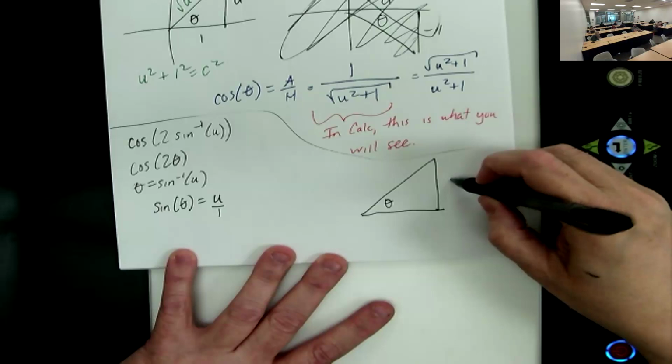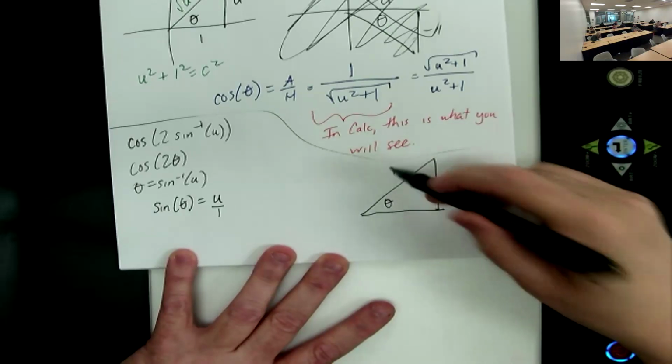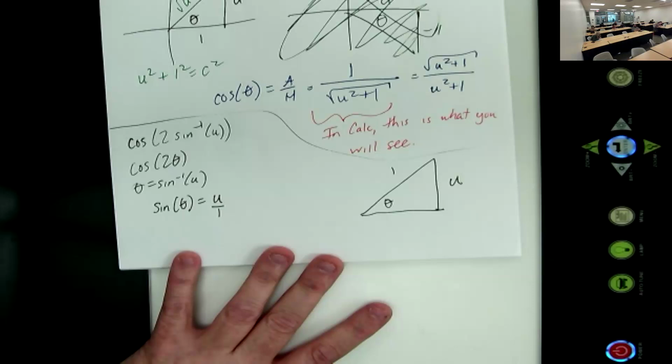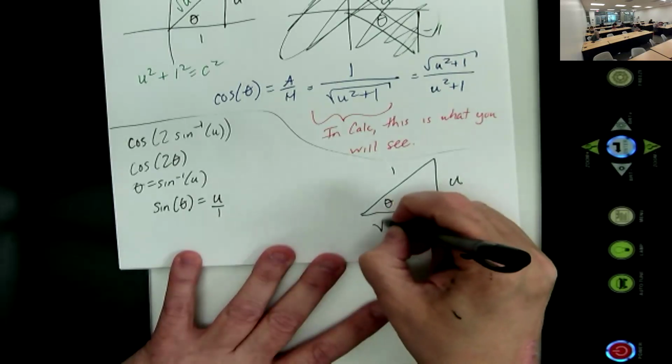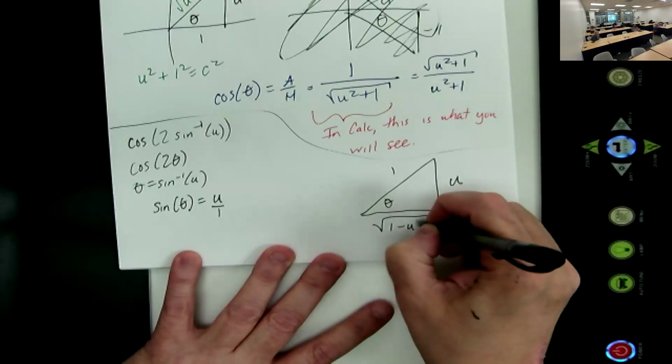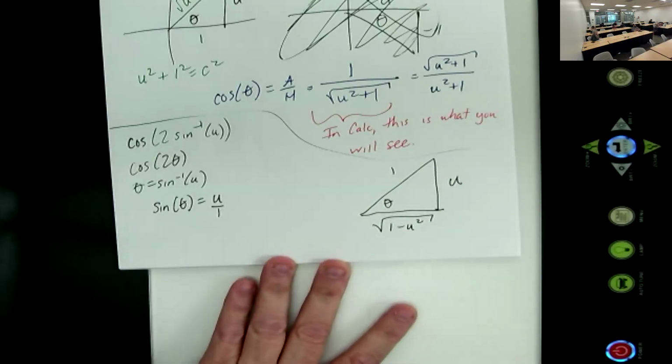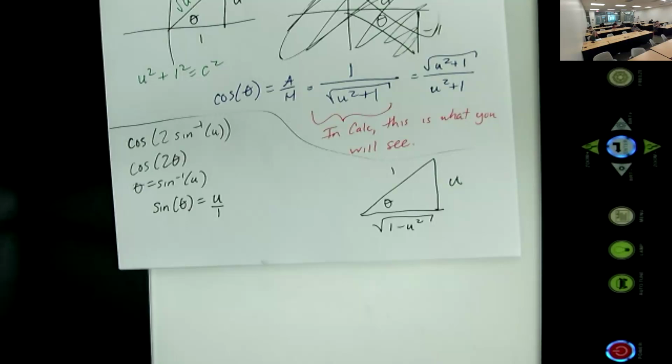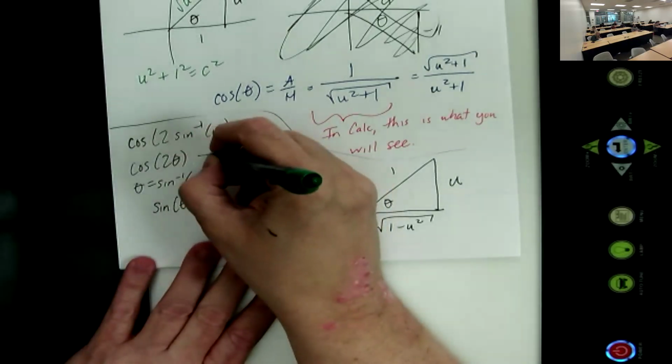Opposite over hypotenuse. And when you calculate this, you're gonna get square root of 1 minus u squared down here. We have 3 options for cosine of 2 theta.